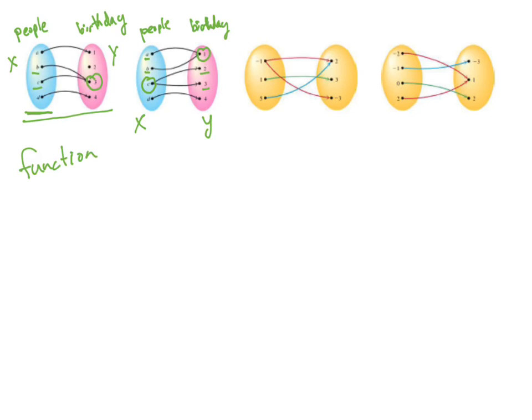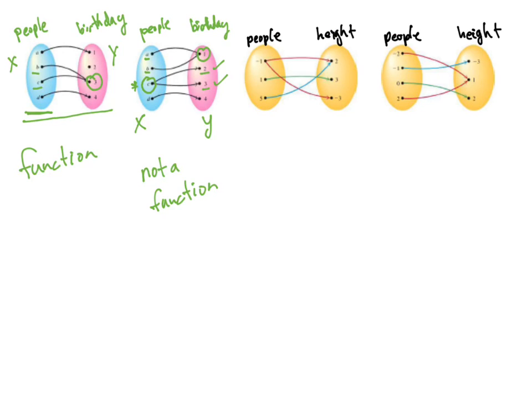However, one individual, C, is pointing to two separate birthdays. This is not possible for a relation to be a function, so we would say this is not a function. If we think back to the definition of a function, each input element can only point to one output element. And what was happening here is element C is pointing to two different output elements.